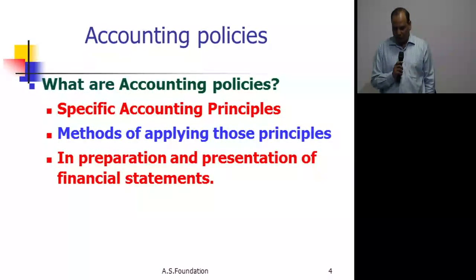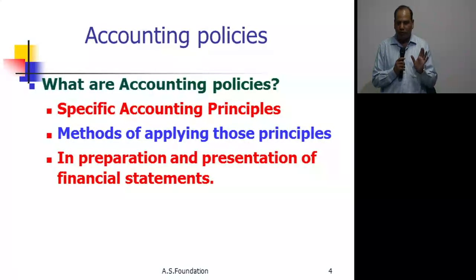Now, what do you mean by accounting principle? You can understand with the help of an example. Accounting principle is that inventory should be valued at cost or NRV, whichever is lower. That is a principle, that at the year end, the inventory should be valued at cost or NRV, whichever is lower.